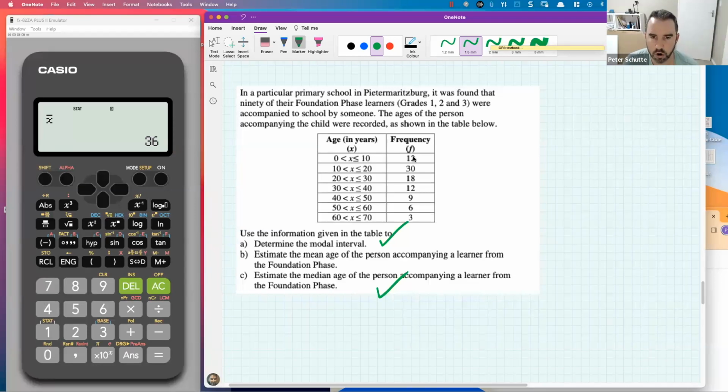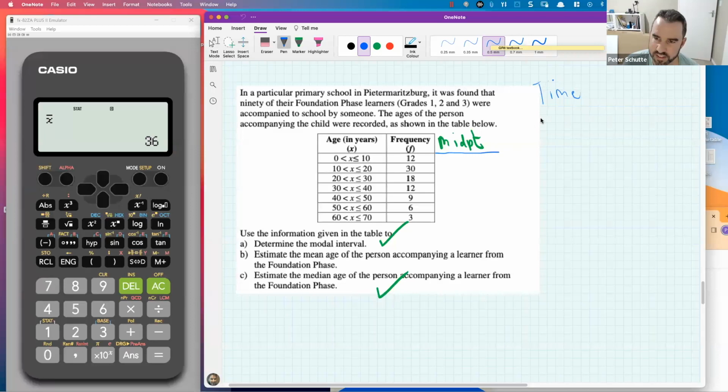So there are 12 people between 0 and 10 years. Okay. Now, I'm going to draw a column for midpoint. Now, this is going to be a little bit confusing because in this case, time is not a discrete variable. So time doesn't just have to be like 1, 2, 3, like a person. Time is a continuous variable, okay?